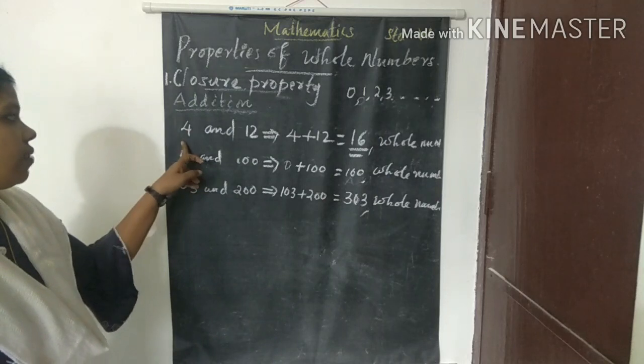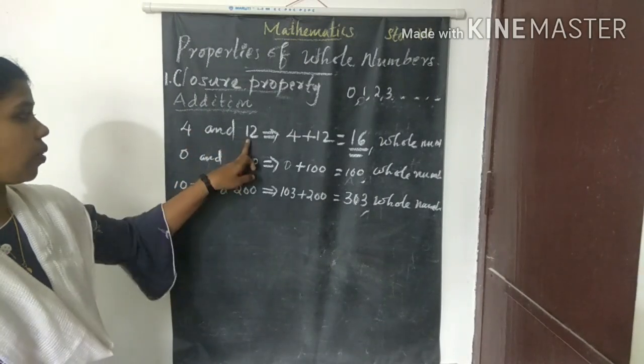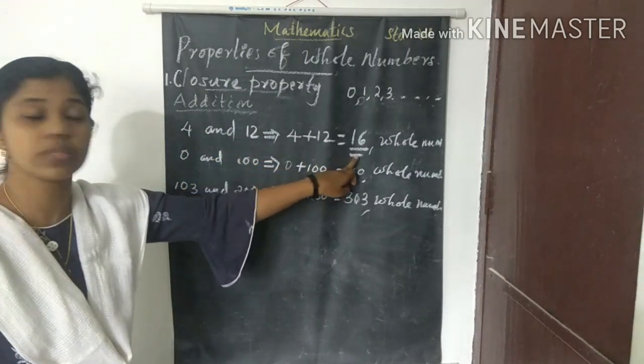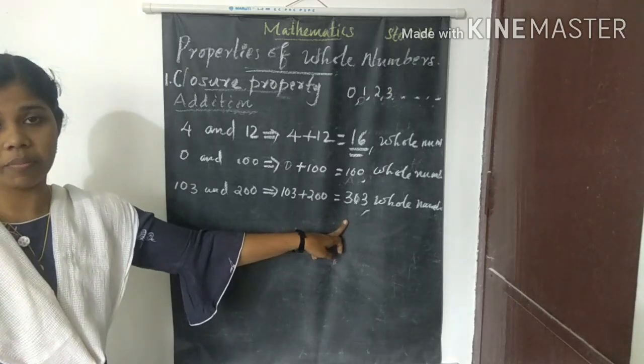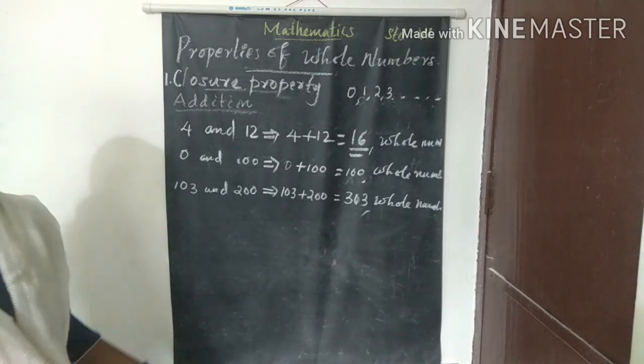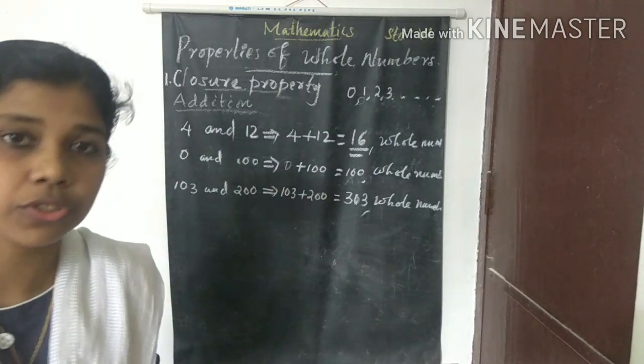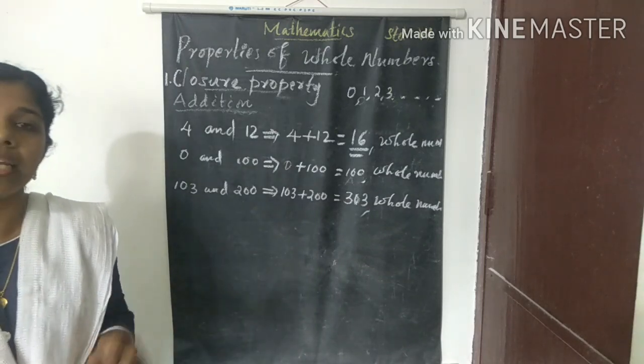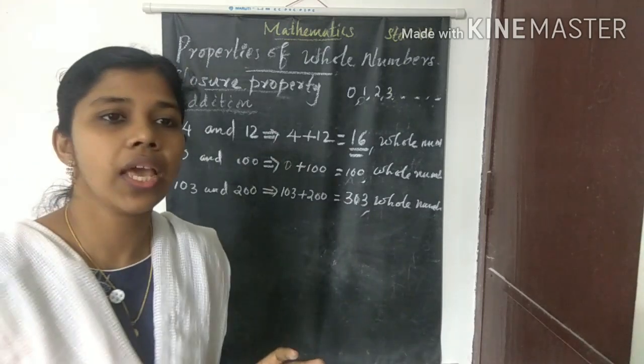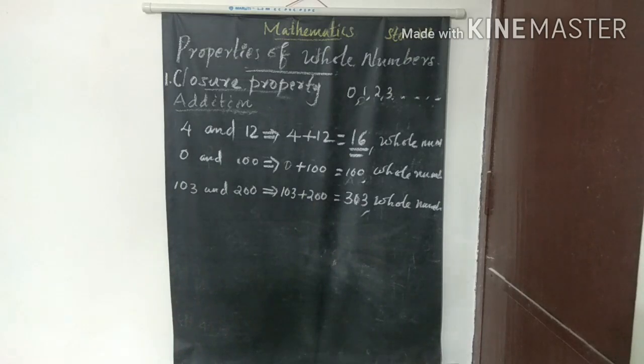That means when we add any two whole numbers, then their sum is also a whole number. So we can generally say that if A and B are any two whole numbers, then A plus B is also a whole number.